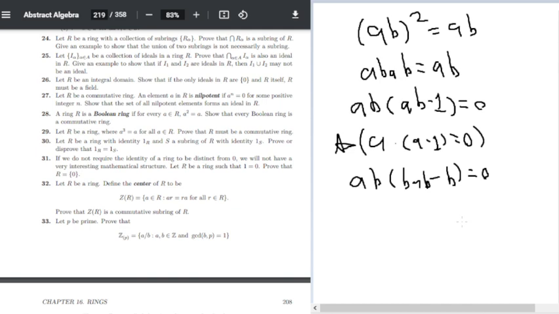We can factor out then AB, BA minus 1, B is equal to 0. Which gets us that ABA minus AB multiplied on the right side by B is equal to 0.